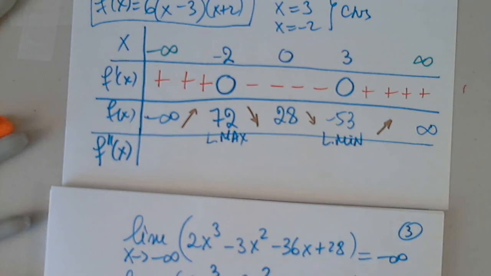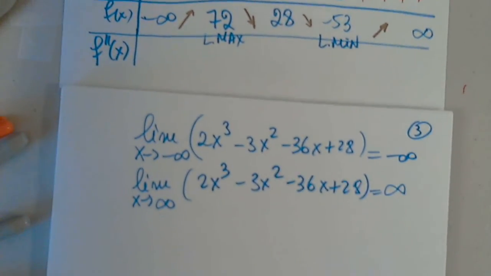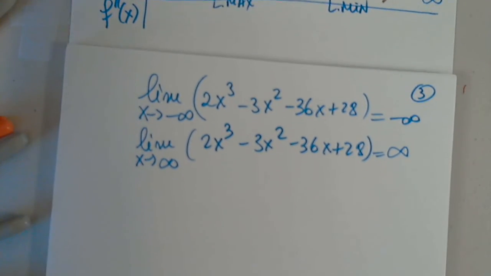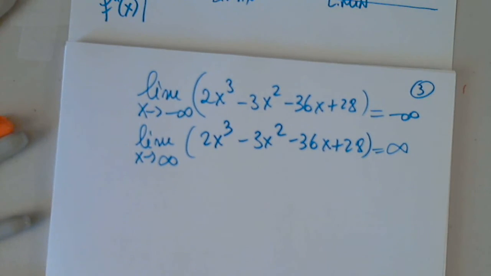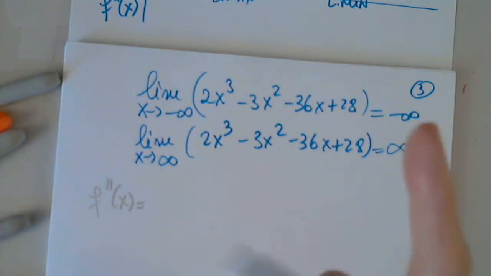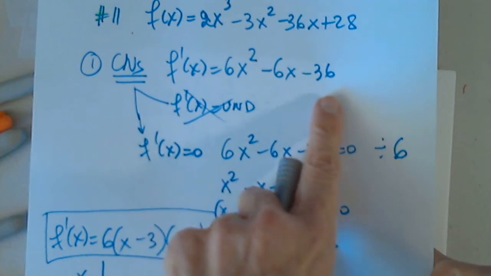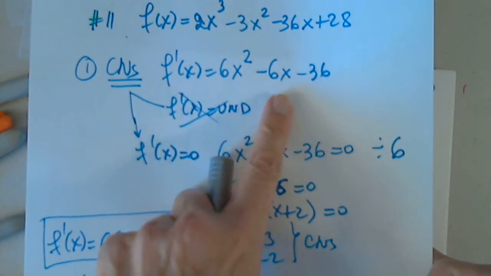Okay, in the next step, I would like to look at the second derivative. Why? In a minute, you will know. So let's find the second derivative. This is much easier: 12x minus 6.